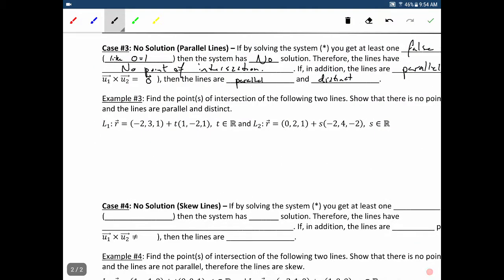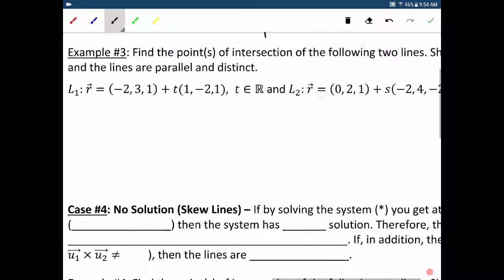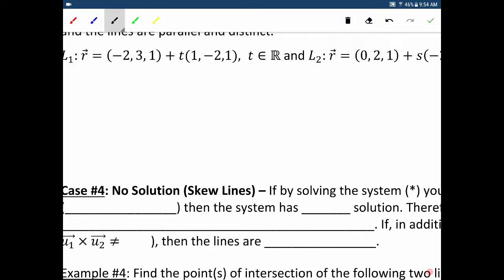So, to begin with, we start again. We do the x, the y, the z parametric equations, and we make them equal to each other. So what we'll have is negative 2 plus t is equal to negative 2s.